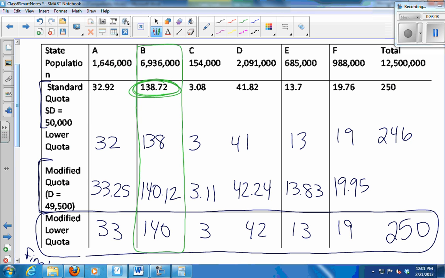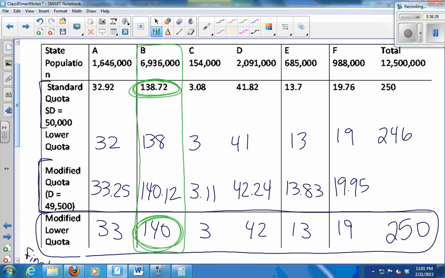138.72 is the exact number of seats that they deserve in Congress, right? If you do the number of seats that they should get in proportion to their population, they should get 138.72. How many did we give them? 140. Okay. Yeah, it violates the upper quota rule. It's an upper quota violation.